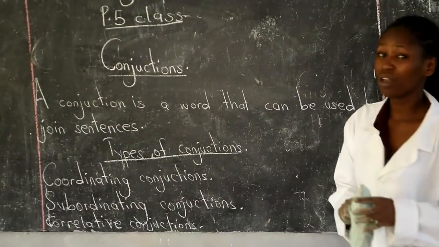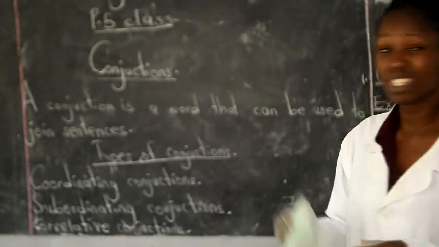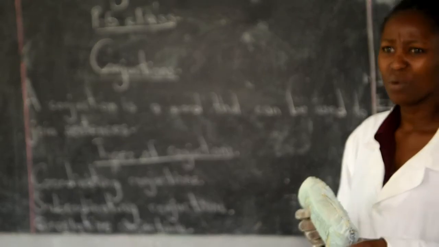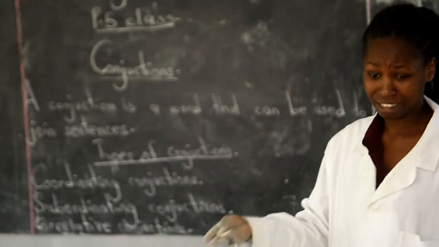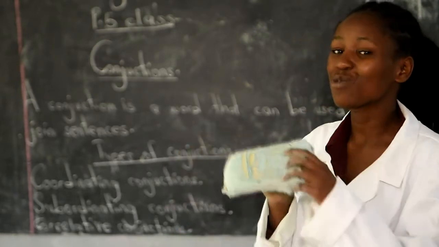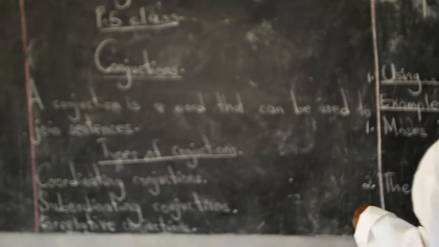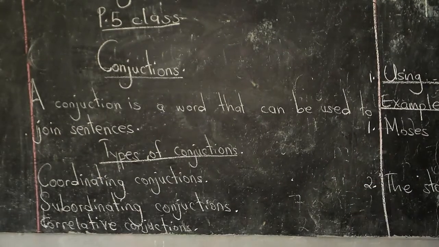When we were in P4, we looked at the coordinating conjunctions, which are simple, using since, but, or, when, and so on. Now that we are in P5, we are going to look at the correlative conjunctions.